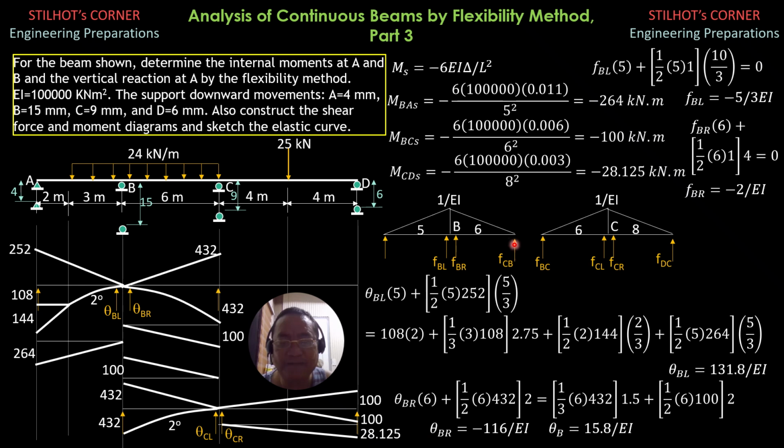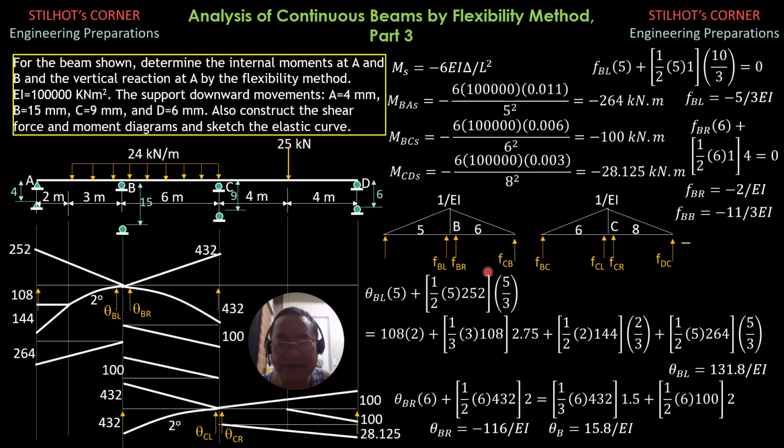To solve for FCB, you may sum up moment about B or just summation of forces in Y. FBB is FB left plus FB right, so it is negative 11 over 3. So next is summation of forces in Y equals 0 to solve for FCB.